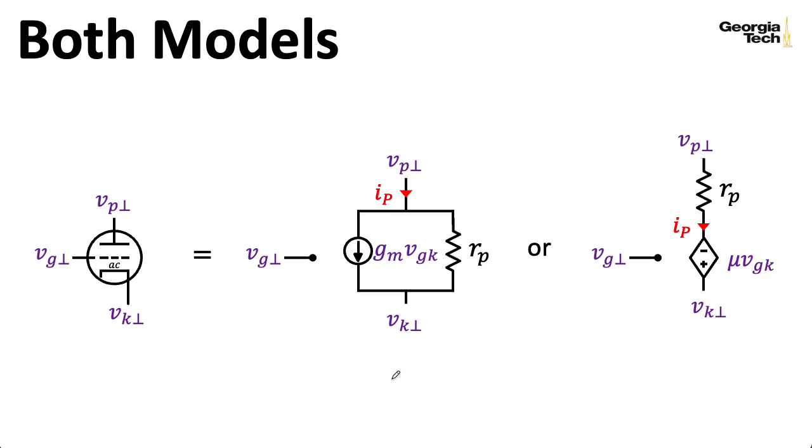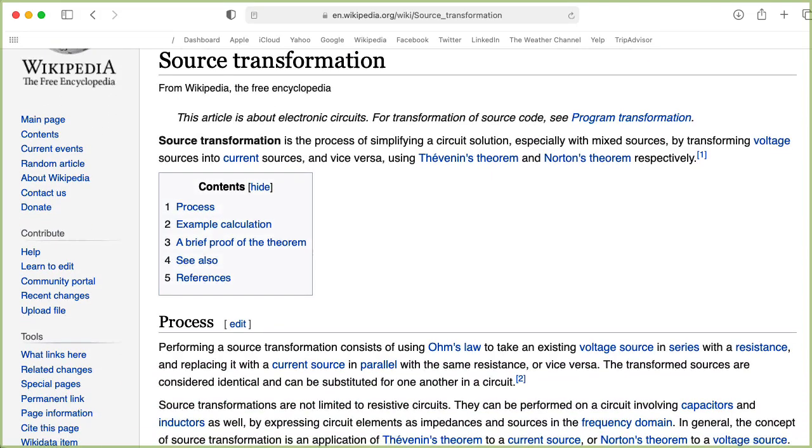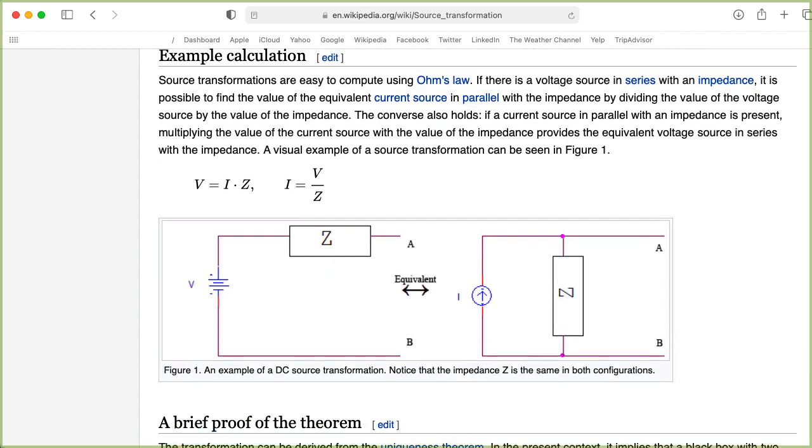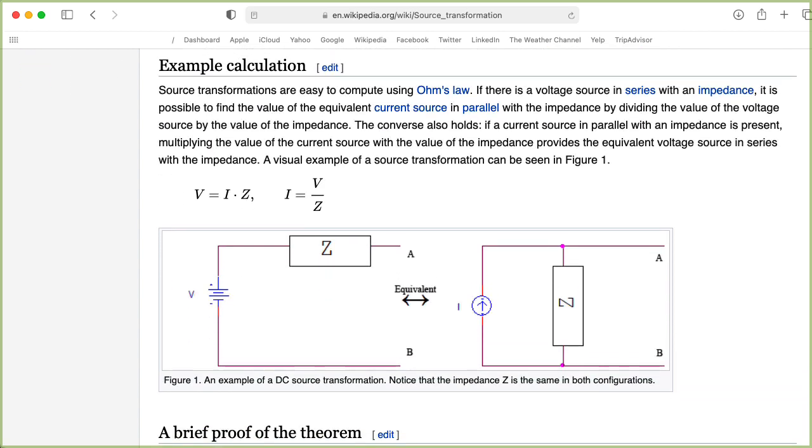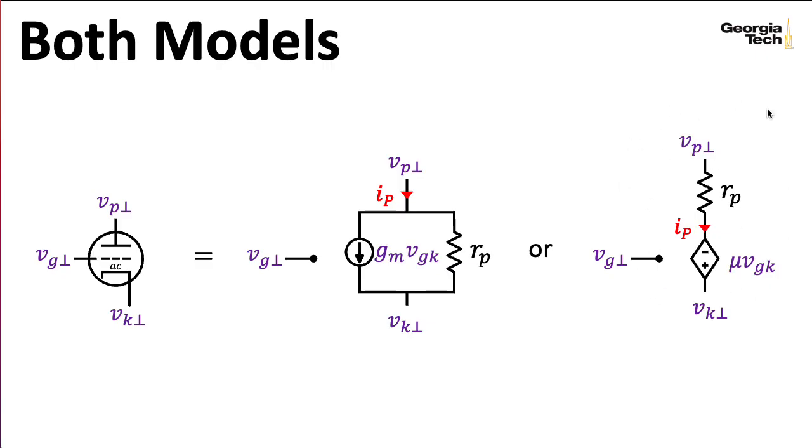We'll look at pentodes later in the course, and there we'll see that for pentodes, this parallel model will be a little more natural. You can apply a source transformation to either model in order to get the other one. Notice this model doesn't have any time-dependent, aka frequency-dependent characteristics. Later in the class, we'll look at models that include parasitic capacitances between the different terminals.